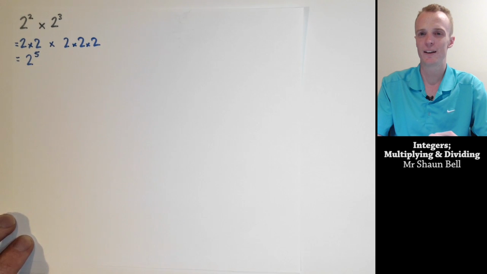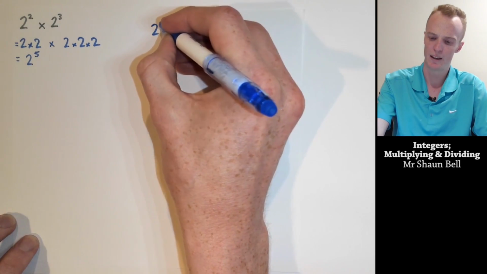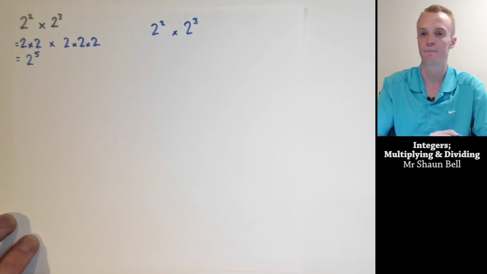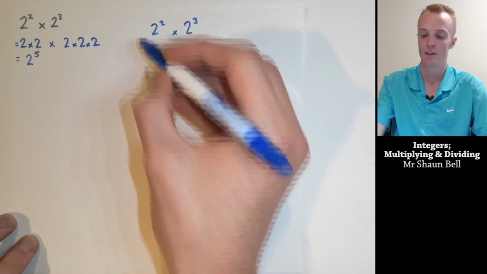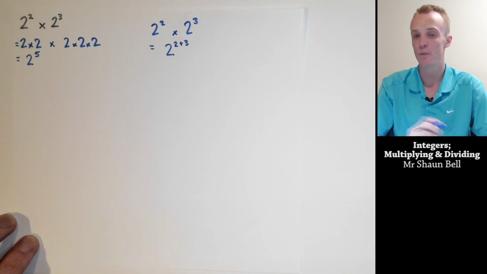Now there's a rule that we can use here that's much quicker than having to write down the expanded form. So let's consider the exponents here in 2 squared multiplied by 2 cubed. When we're multiplying two bases together, we keep the base the same. However, the power will change.